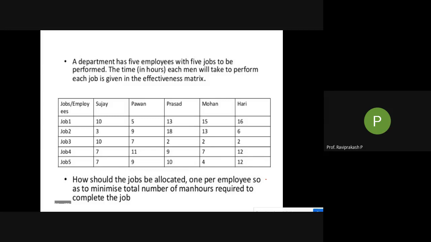How much more time do you require? Response, students. Can you hear me?